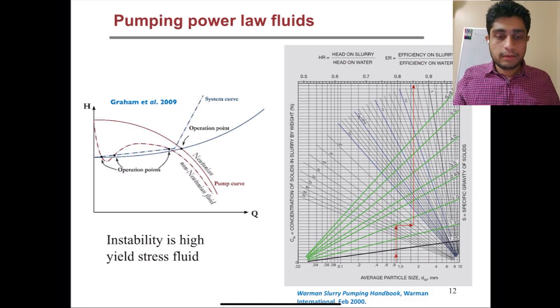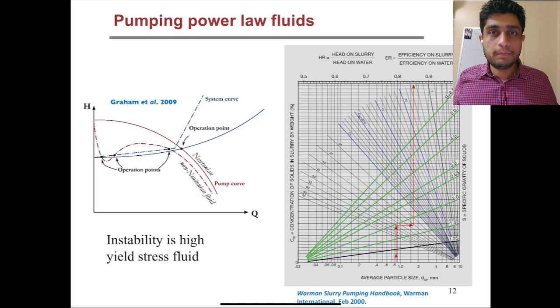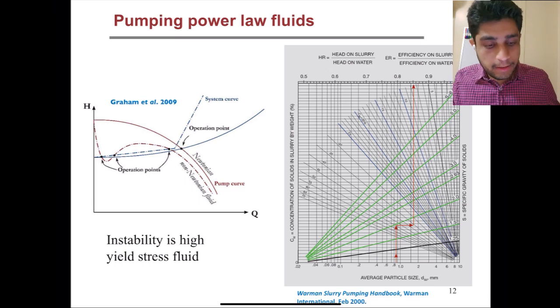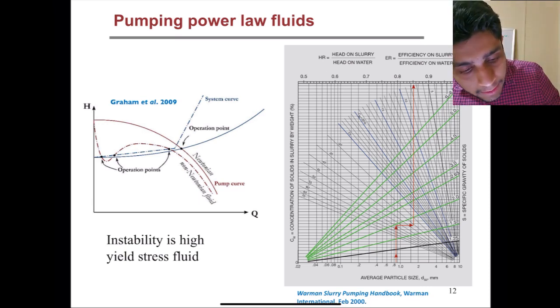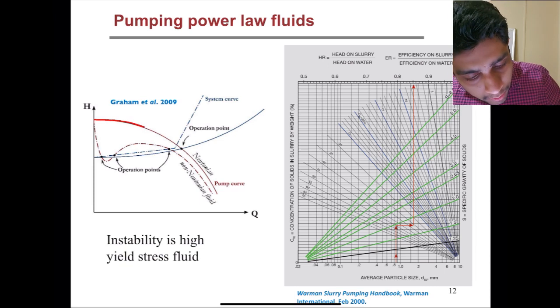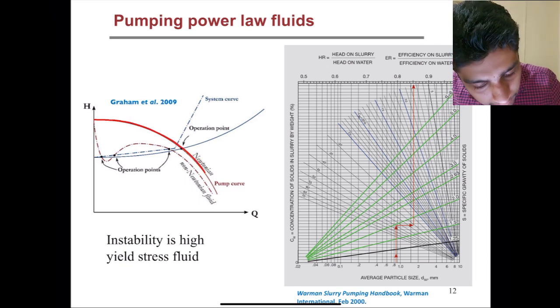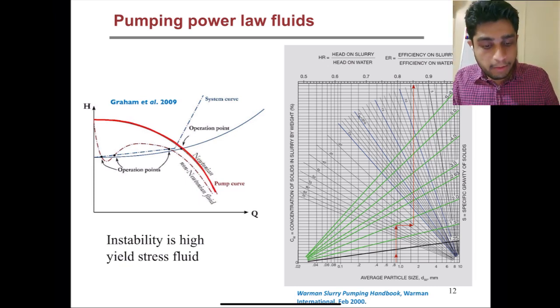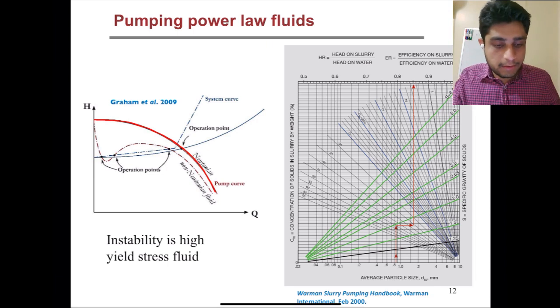Now we looked at the pipe flow of these non-Newtonian fluids. Another important aspect of any piping system is pumping, right? And if you remember from your lectures, the typical head curve for a pump is a downward sloping parabola, right, like this, which is indicated in this solid red line.